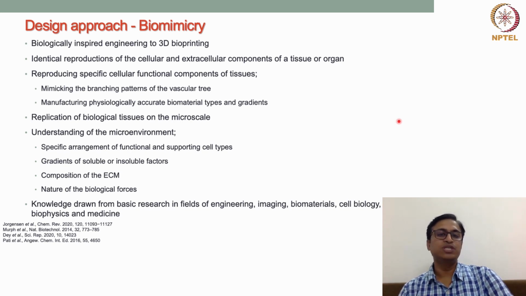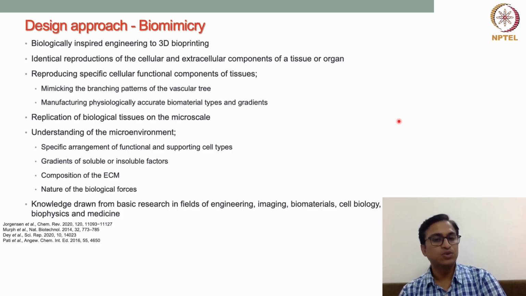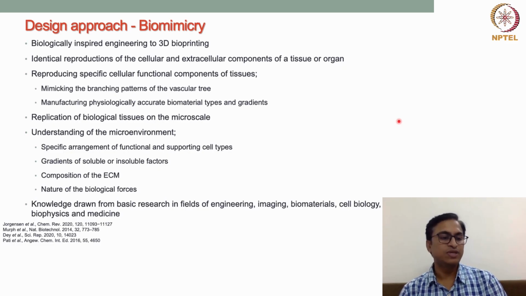We need to understand, if it is a biomaterial gradient, what type of biomaterial is present, how those biomaterials are arranged or organized, and how the gradient is generated. Then only, while manufacturing that particular tissue, suppose by printing it, if we can accurately manufacture that kind of pattern, is it possible to develop the tissue structures.